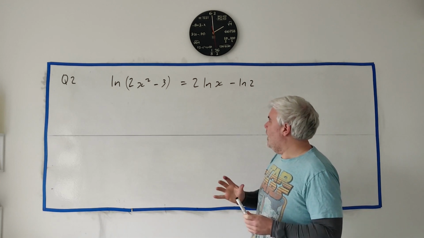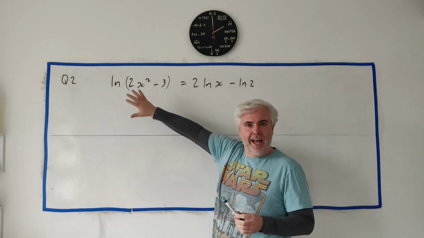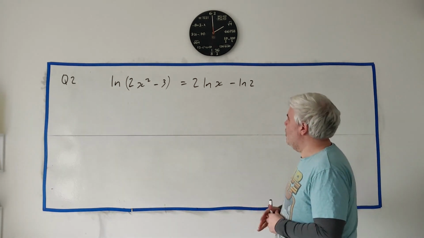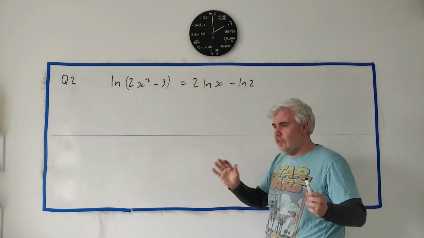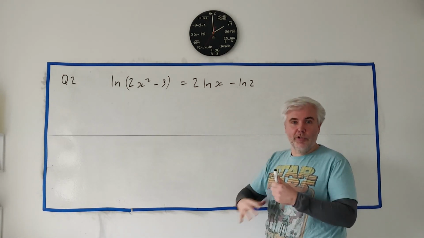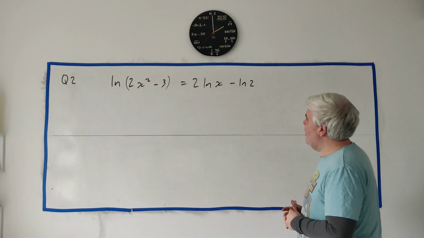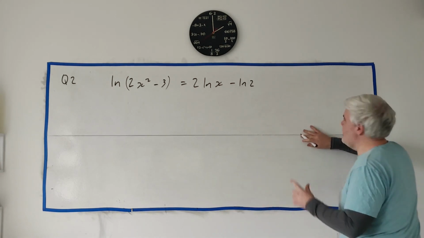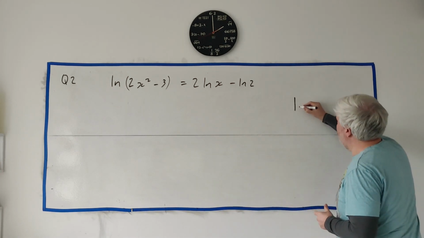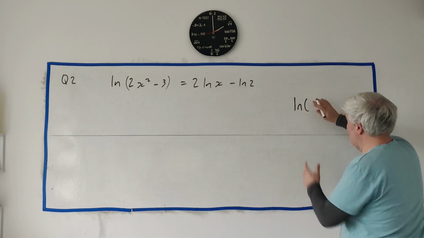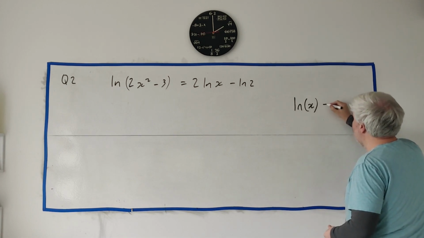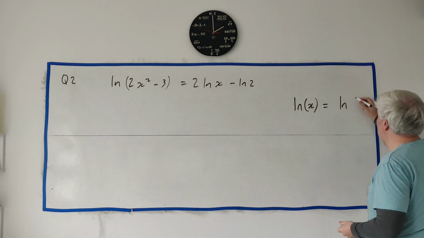So let me first say, when you're dealing with any logarithmic equation like this, most of the time what you're looking for is to get this equation to look something like natural log x is equal to natural log of something.